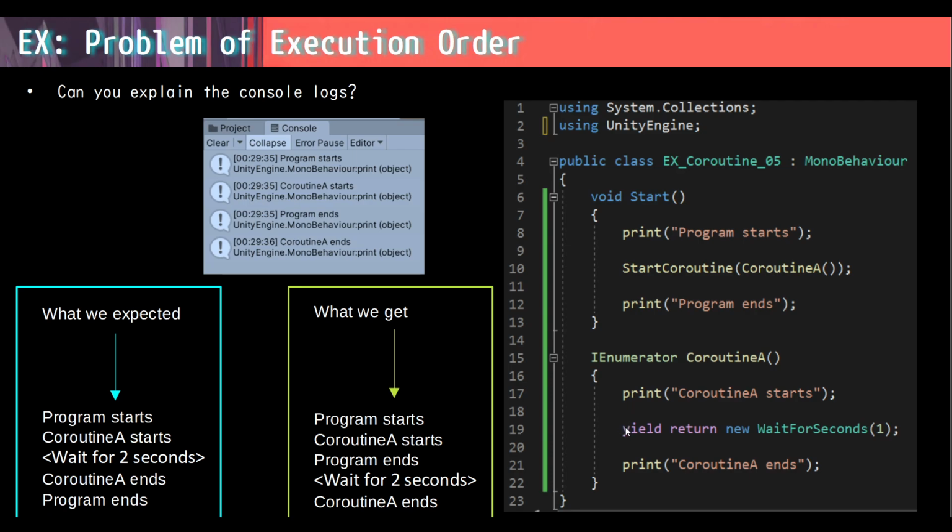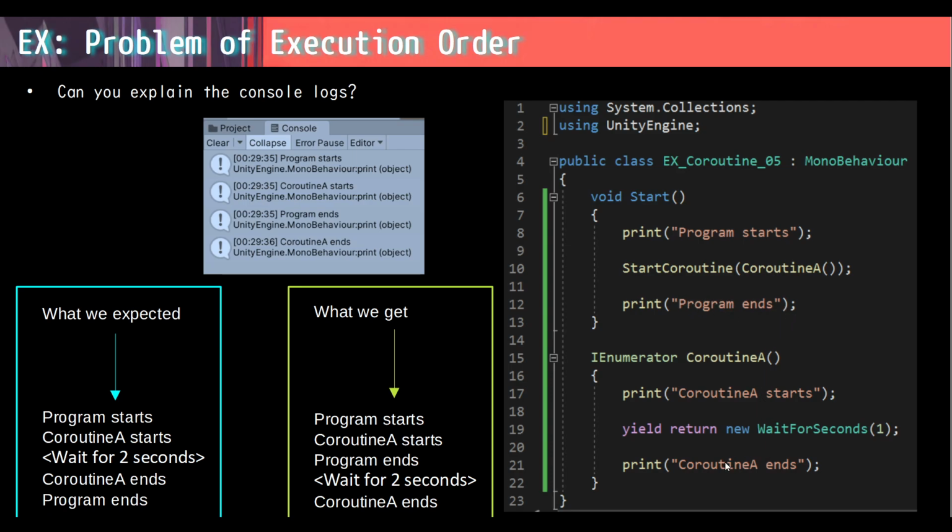And then we encounter our first yield return in line number 19. Great. So we generate a state machine and return the control back to Start, back to line number 10, and execute the following code.